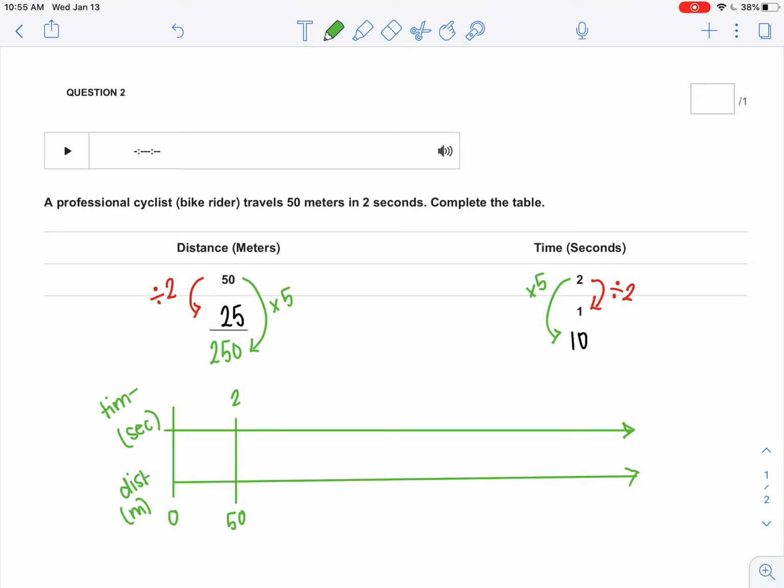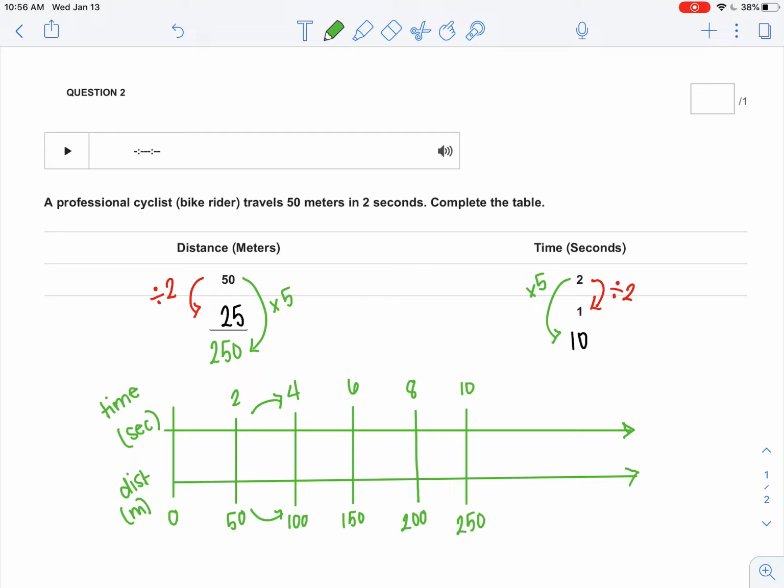Always good to be as clear as possible. So after 2 seconds, traveled 50 meters. So if we kept counting up our double number line, 2 more seconds, 50 more meters, 2 more seconds and 50 more meters, 2 more seconds and 50 more meters, and finally we end up at 10 seconds and 250 meters.